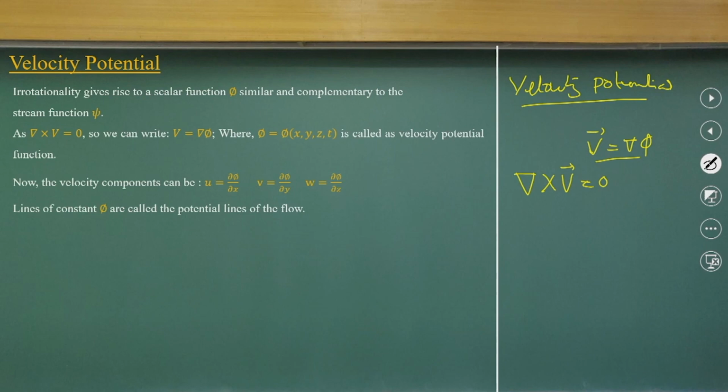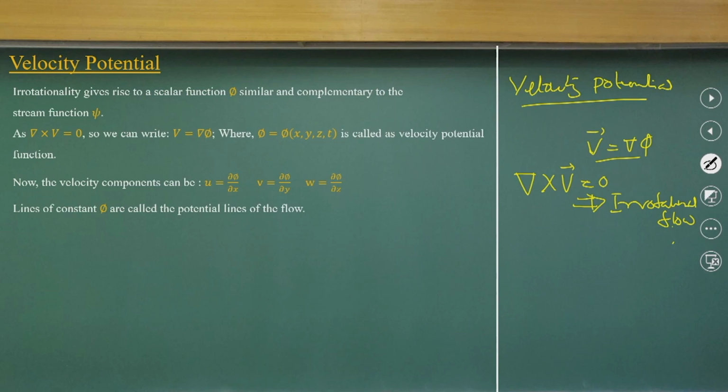What this means is that this condition is satisfied only when you have an irrotational flow. Okay. So, in the regions where we have an irrotational flow, we can use the velocity potential function to define our flow fields.